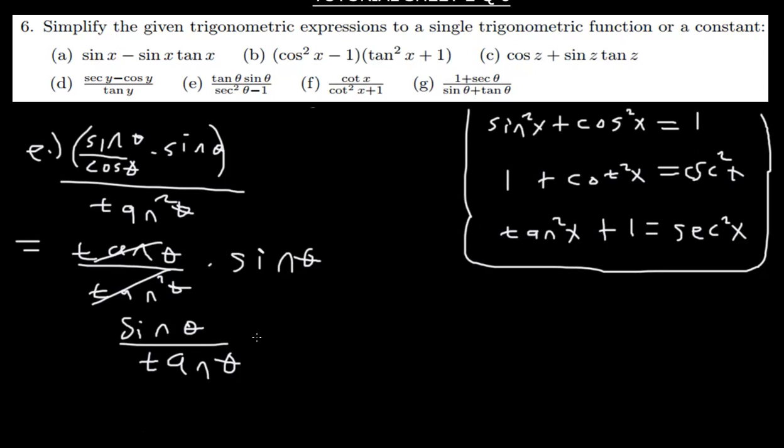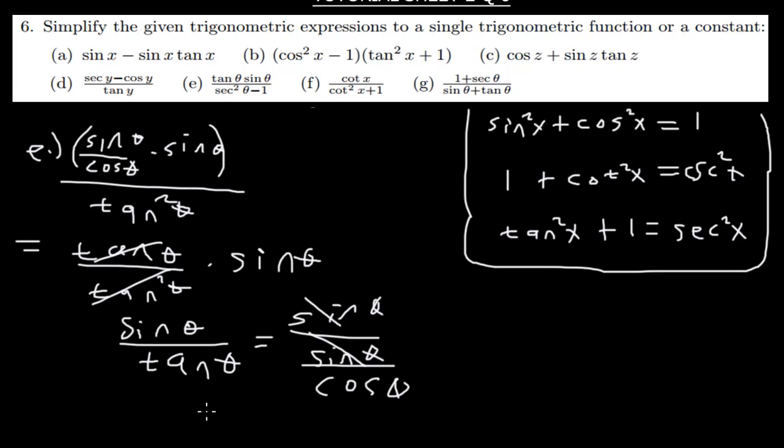So if this is the case, this is just the same as dividing sine theta by tan theta, which can also be written as sine theta over cos theta. And then you discover that that sine and that sine you cancel.